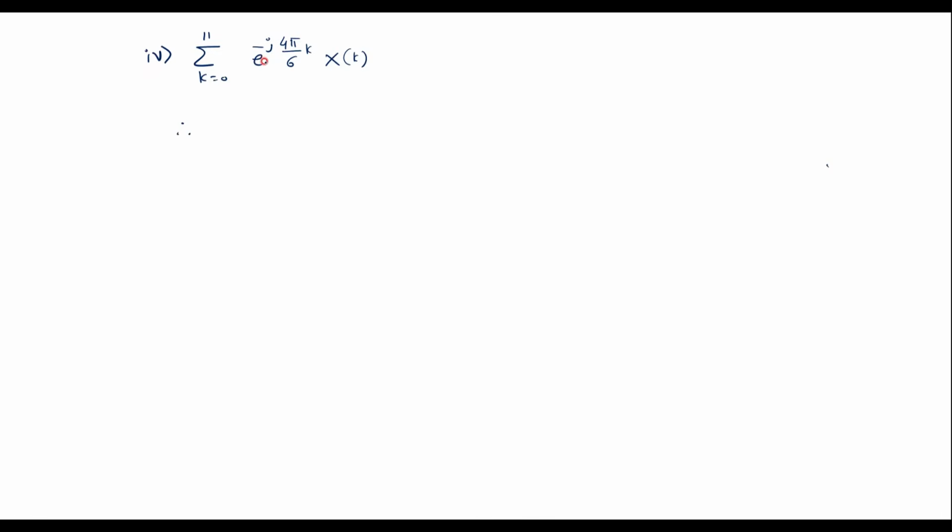Now here I will consider e power minus j 4 pi by 6 into k x of k. I will also write it in terms of the standard twiddle factor, that is e power minus j 2 pi by N, where N is 12, into 4k, x of k.